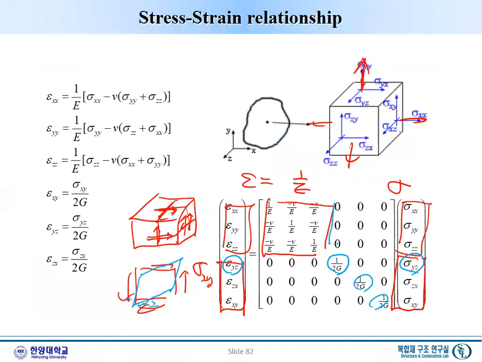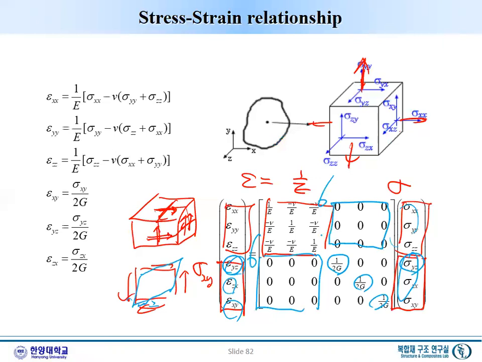See, why are these zero? When we apply this, it does not extend. That's why it is zero. What about these terms? Well, when we apply this, that angle does not change. So each term has some meaning. How many terms do we have here? 6 by 6, 36 terms, right?